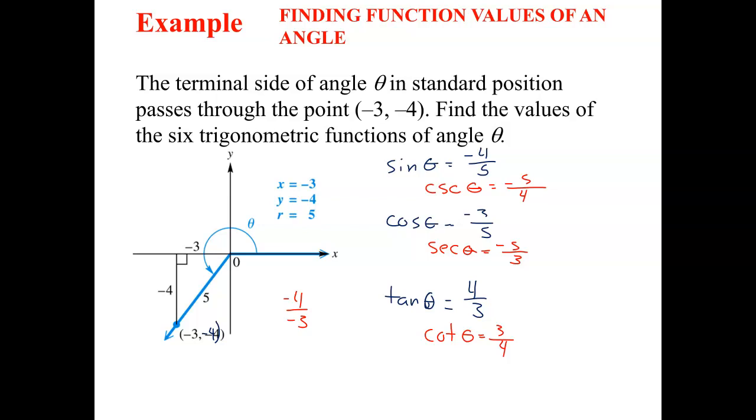The signs of the functions will be consistent within each quadrant. So every time we find a sine value in quadrant 1, they're all going to be positive. But every time we find a sine value in quadrant 3, it's always going to be negative, because y is always negative. Does that make sense? Okay?